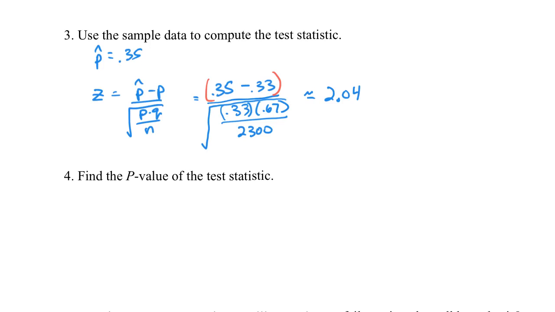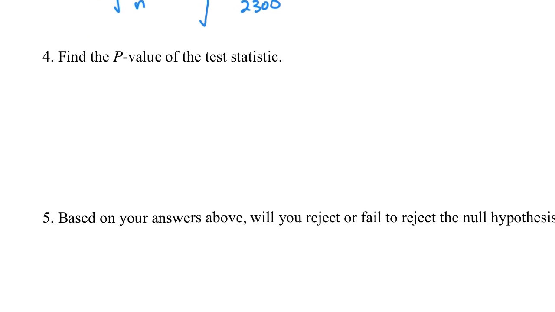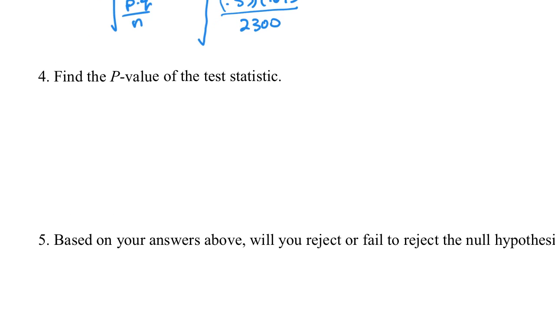But then to find the p-value of the test statistic, for this one I'm going to draw this out because it's a two-tailed test. So we know we've got a z-score of 2.04. If I draw this out, this is just a standard normal curve here.